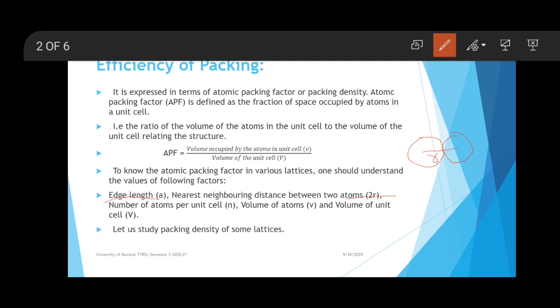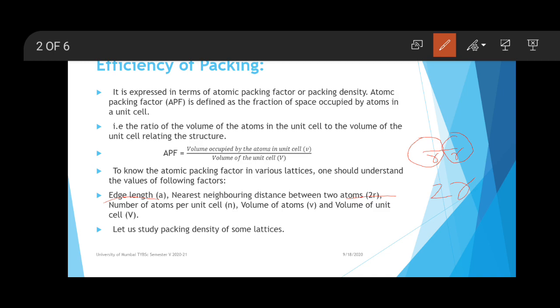This is one r, this is another r, so that is 2r. The number of atoms per unit cell is denoted by n, the volume of an atom is denoted by v, and the volume of the unit cell is denoted by V. So you have to remember these terms to understand the atomic packing factor.